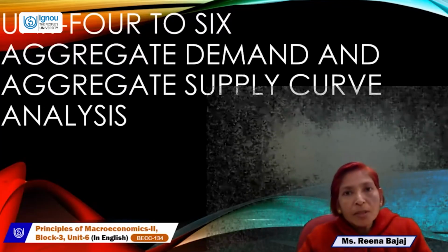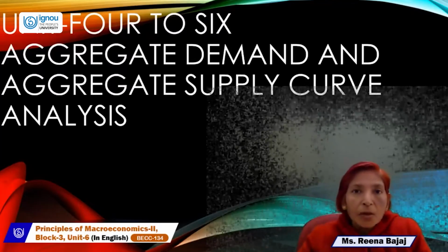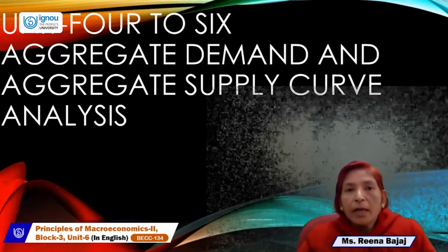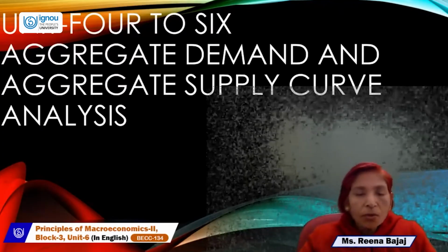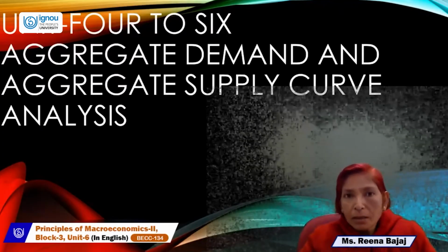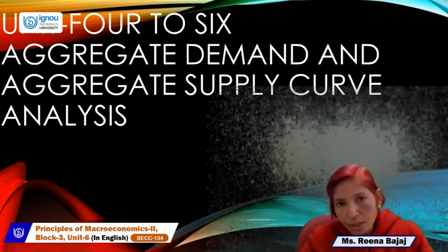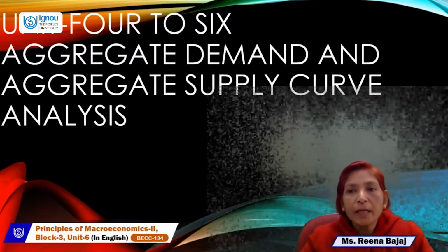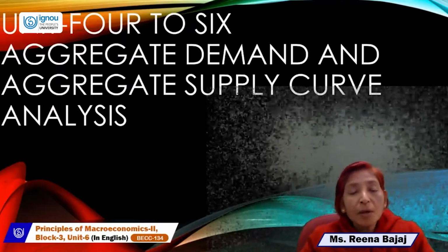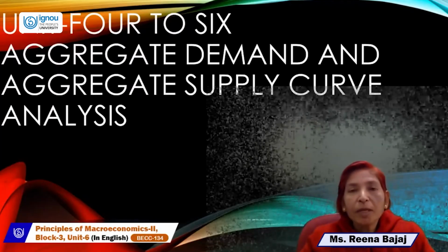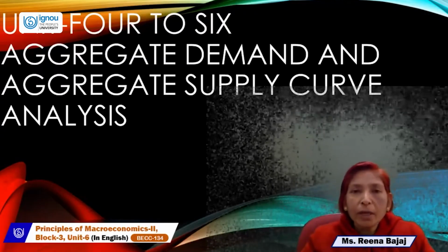We will discuss approaches to the determination of national income and how the equilibrium level of income can shift due to a shift in aggregate demand or aggregate supply. So in today's session, we will discuss aggregate demand and aggregate supply curve analysis, and the change in equilibrium level of income due to change in fiscal policy and monetary policy.